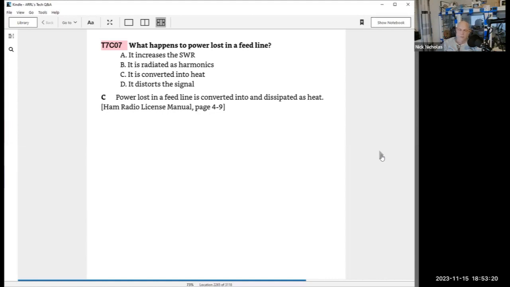You can look it up from the manufacturers. You can find them online all the time. You can Google this and find it in an instant. And you want to find something that will not cause too much of a feed line loss. Feed line loss is presented as decibels per 100 feet.